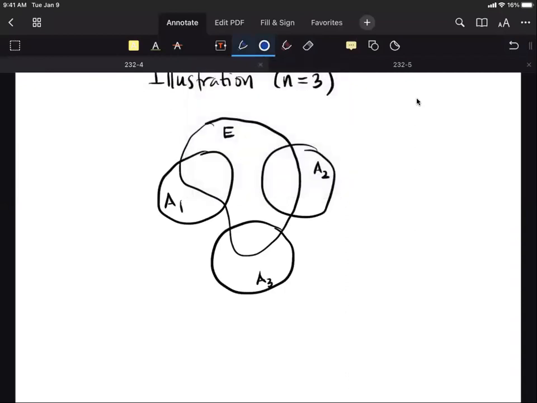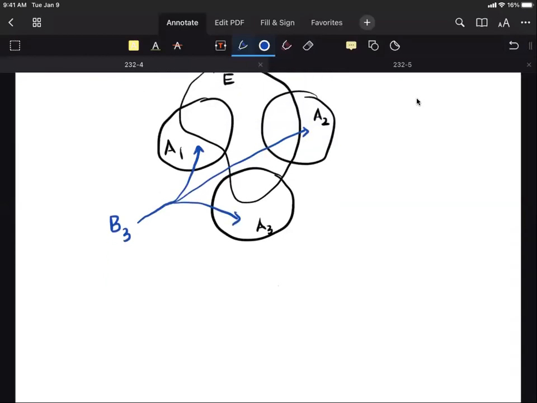And without loss of generality, let us say that it will intersect all of these 3 sets. So this is the set E. Now, what would be the set B sub 3? B sub 3 will be divided into 3 parts, and that is A1, A2, and A3. So recall again, B3 by definition is A1 union A2 union A3.